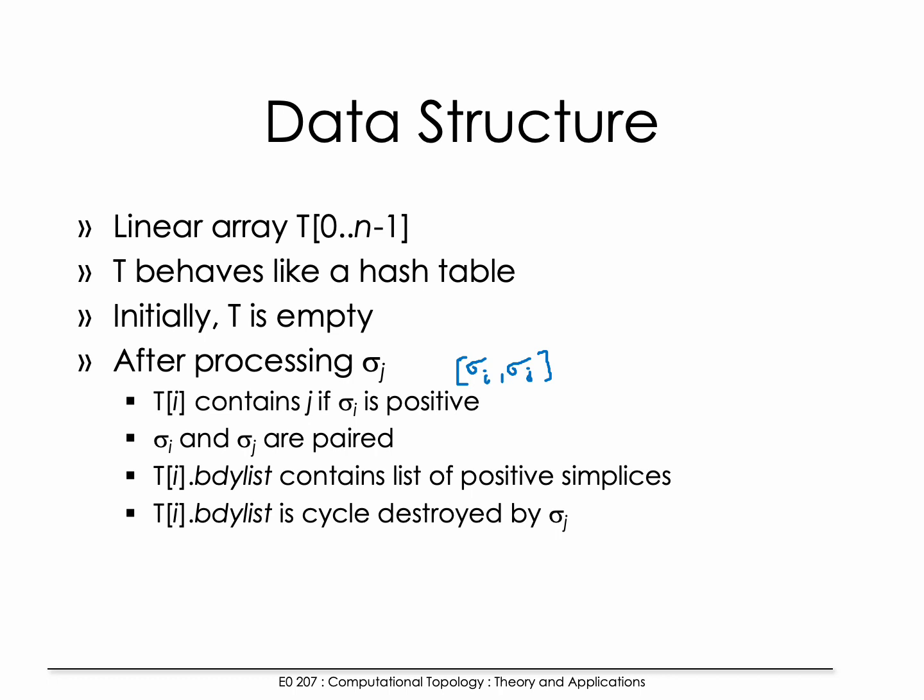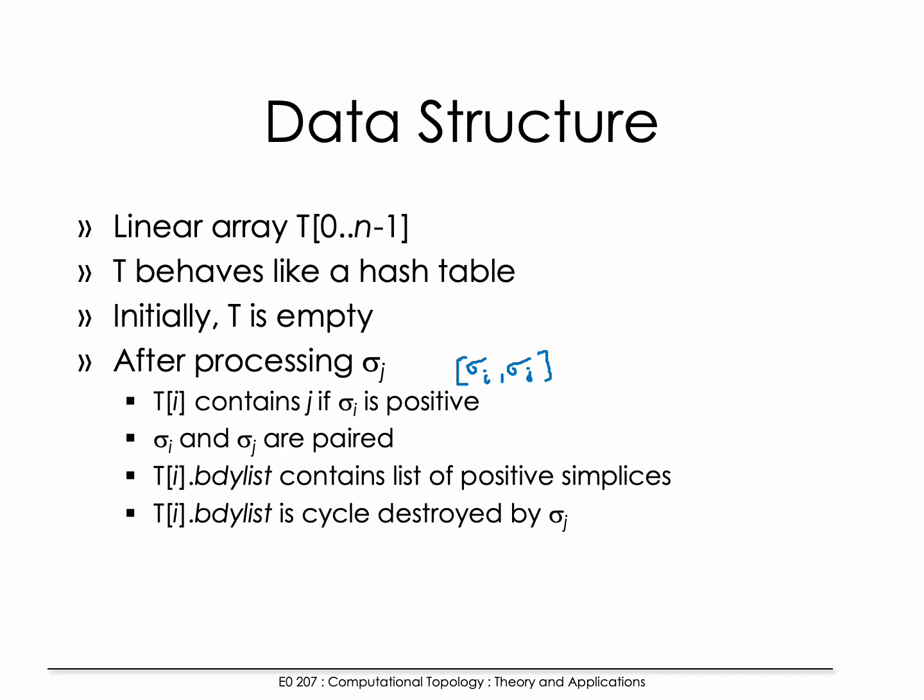And T sub I will also contain a so-called boundary list. This will be a list of positive simplices only, and this list will represent the cycle that was destroyed at sigma sub j.